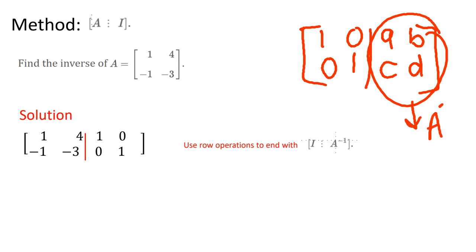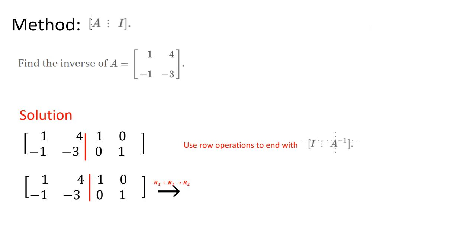Our goal is going to be to use row operations to get to this point. So we want to have a 1 here, and then we're going to make everything below it a 0. Then we go to the next one and make everything above it a 0. Last week we did some examples on Gauss Jordan using row operations, so it's similar to that. So let's go ahead and work it out.